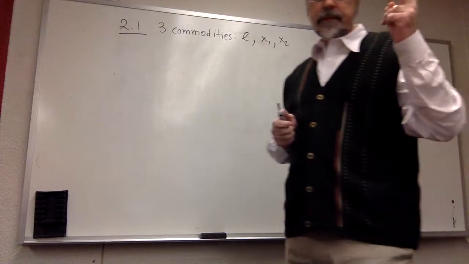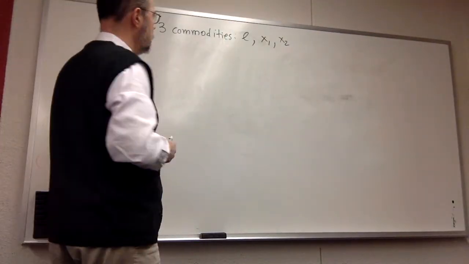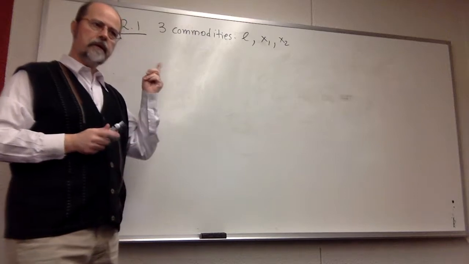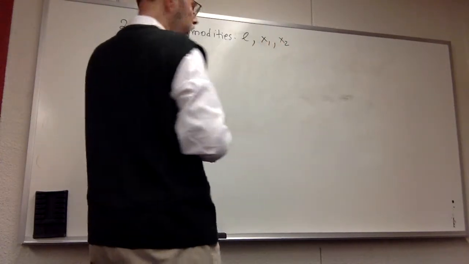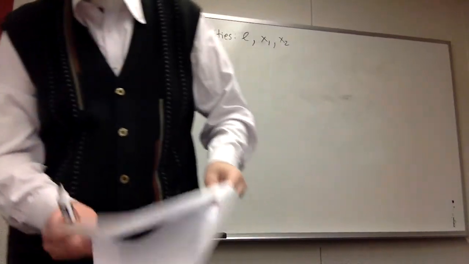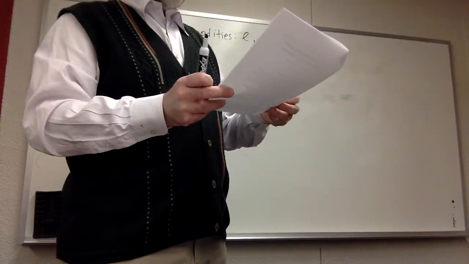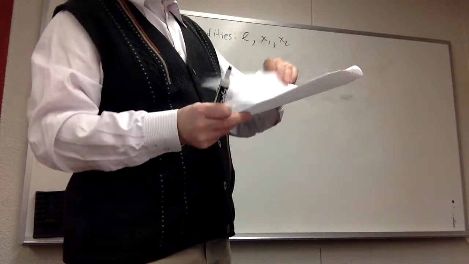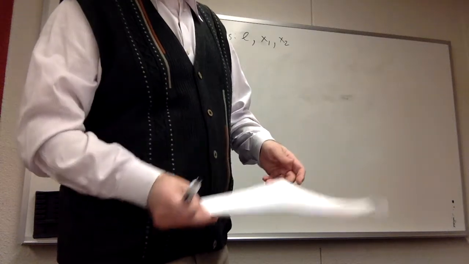There are 2 firms, and one makes commodity 1, the other makes commodity 2. And the utility functions are only defined in terms of the outputs.